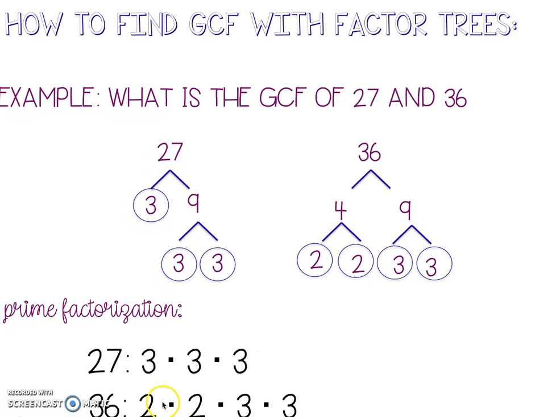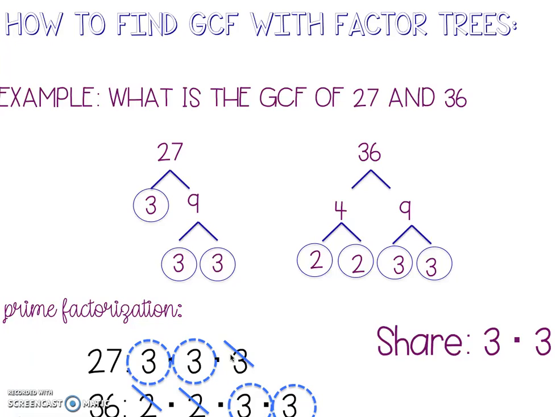Now we've got to take a look at our prime factorizations. We've written out these lists so that we can see what those two numbers share. If we look, we see that they share a 3, and that they don't share a 2, but they do share another 3. However, they don't share a third 3, so I can cross it out.